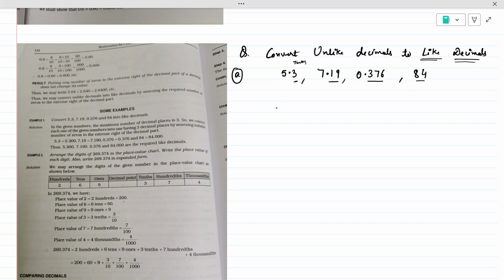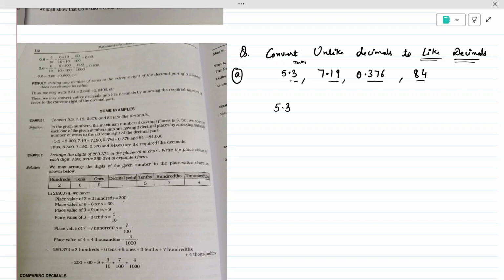Okay, so let us first try to write these numbers. We have 5.3 here, and we want to convert them into like decimals, so that all of them have the same decimal places. Among the given numbers, 0.376 has the highest number of decimal places, 3 decimal places. So we have to convert all the other unlike decimals to 3 decimal places so that they become like.